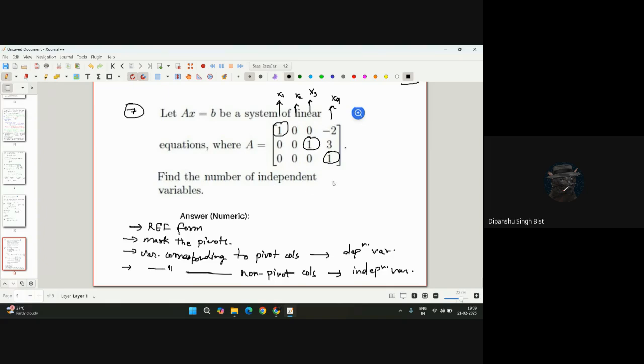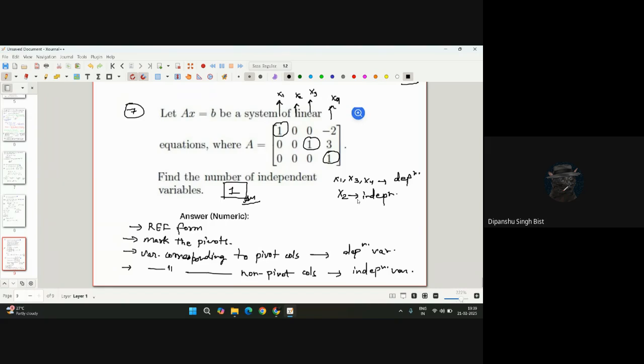So from here I can derive that x1, x3, x4 are dependent, because they have pivots. Whereas x2 does not have any pivot, so x2 is independent. It says number of independent variables, so the answer is 1. There is only one independent variable.